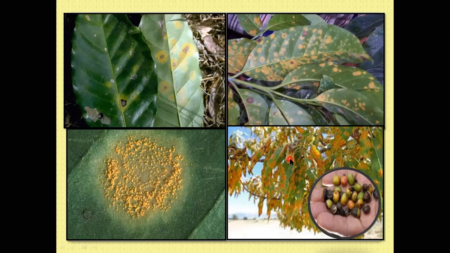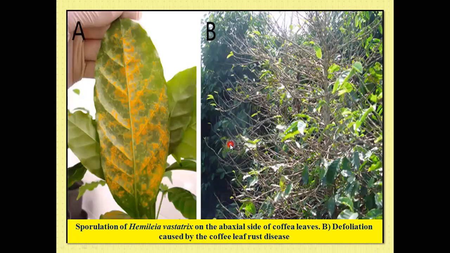This is the main symptom seen in coffee trees due to infection by Hemileia vastatrix. This fungus also affects the vegetative growth of the plant.